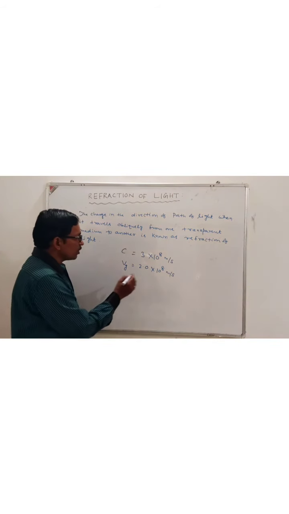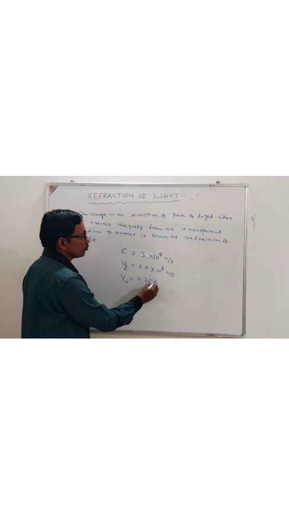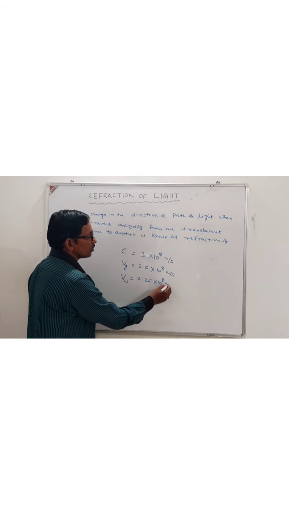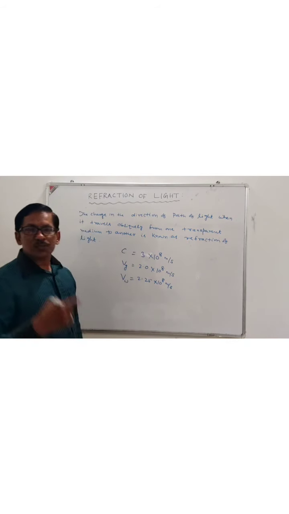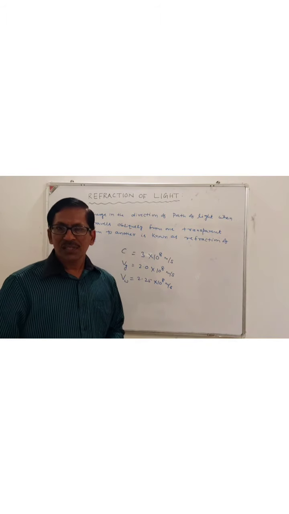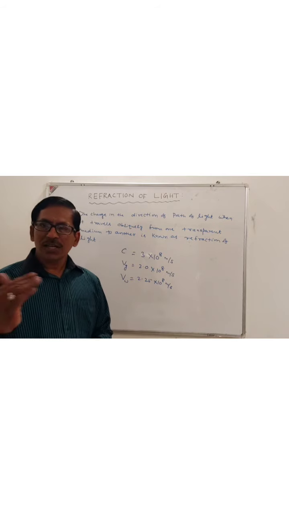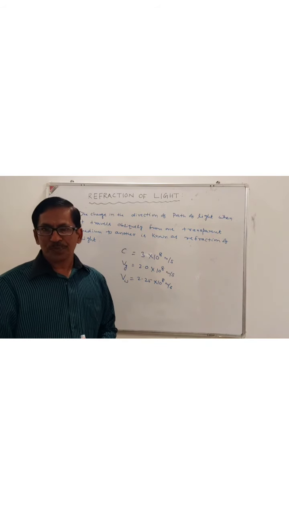Similarly, the speed of light in water, v_w, is 2.25 × 10^8 meter per second. The speed of light is different in different media. That's why when light travels from one medium to another, it has to change the direction.